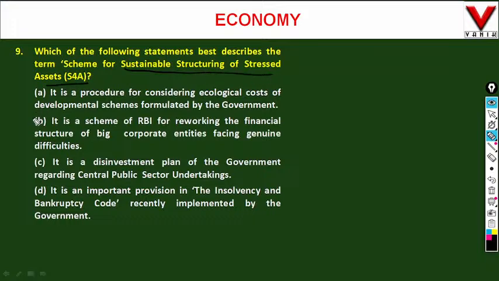It is a procedure for considering ecological cost of development schemes formulated by government. It is a scheme of RBI for reworking the financial structure of big corporate entities facing genuine difficulties. It is a disinvestment plan of the government regarding central public sector undertakings. It is an important provision in the Insolvency and Bankruptcy Code recently implemented by government, IBC 2016.